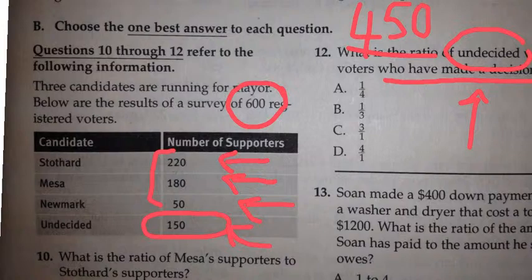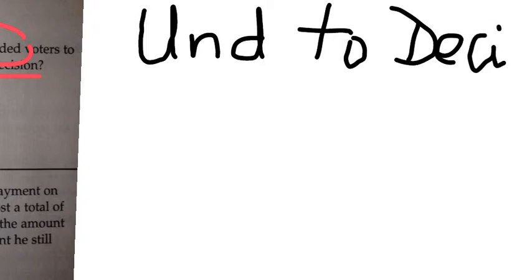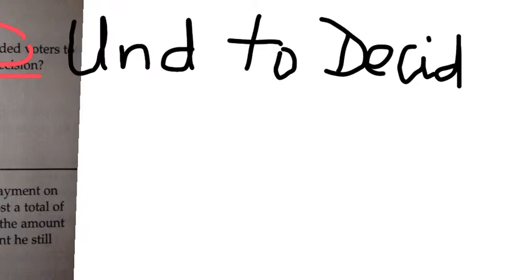So when we go and set up our ratio, let me go to the side. I'm going to put undecided to, let's just call it decided and just keep it simple. So undecided people, how many do we have?